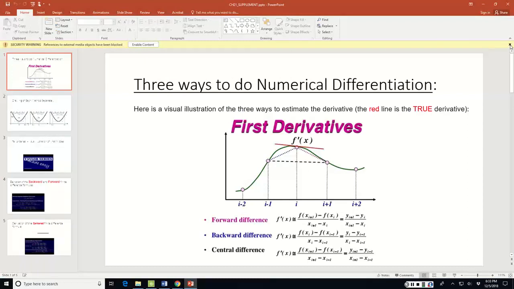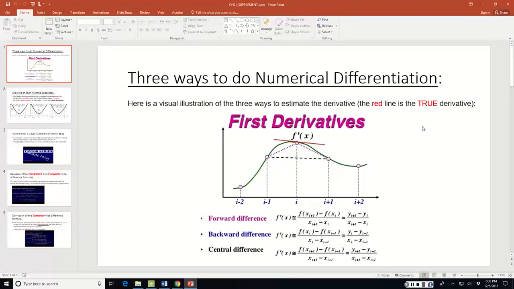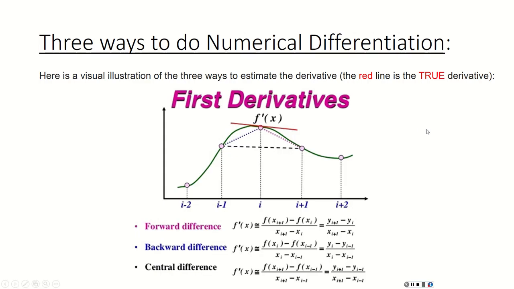sometime back in the semester we talked about the three different ways to estimate the derivative. So this was actually in chapter 4, we kind of skipped over that. But we did mention this.